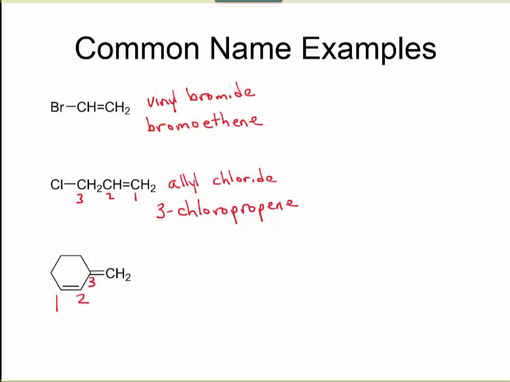And I would number across the double bond and give the methylene a number 3 substituent this way. Otherwise, it would be the number 6 substituent. So this is 3-methylenecyclohexene. There is no space in that word. I do want to point out that methylene is also used to refer to the CH2 group in general. In other words, this compound is often referred to as methylene chloride.